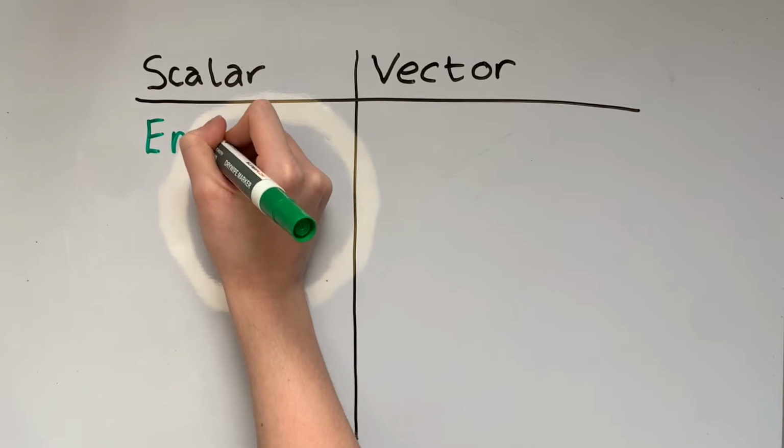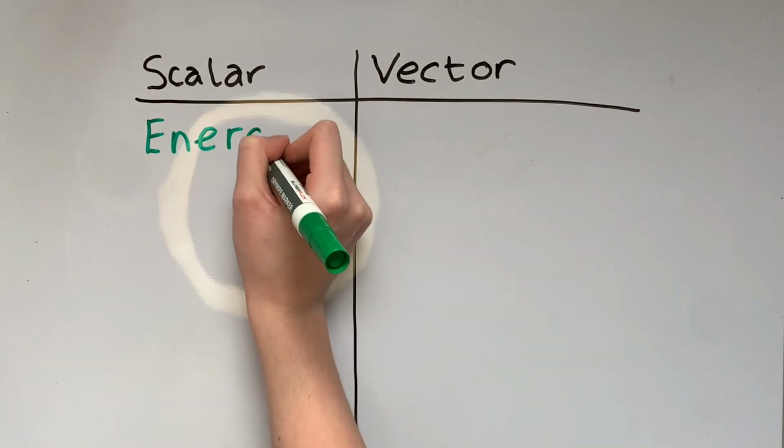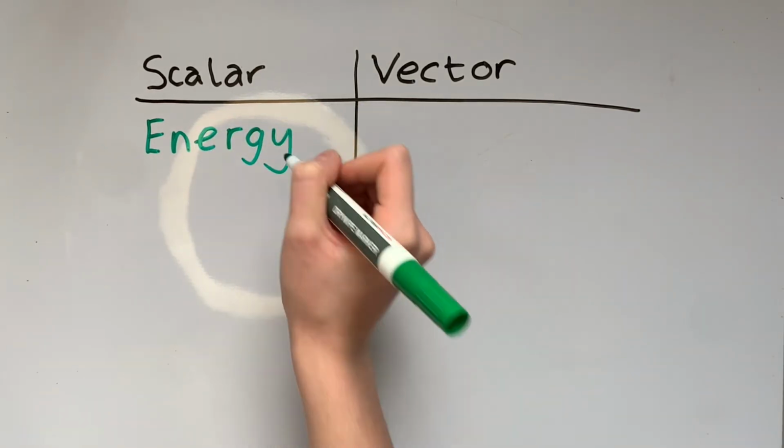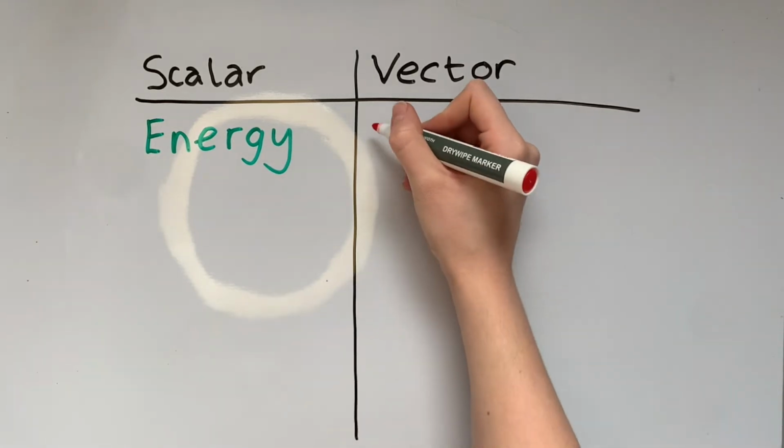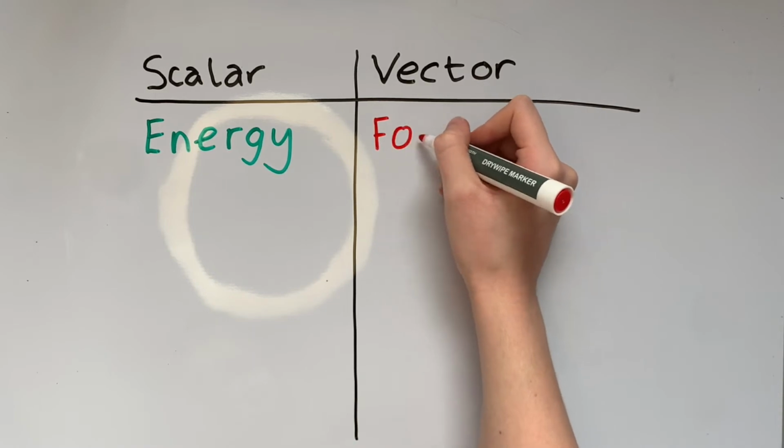Okay, so our first example is energy. We measure energy in joules. We can tell that energy is a scalar because we don't associate a direction with energy. We can understand how much energy there is by just a number, the magnitude. So our second example is force.